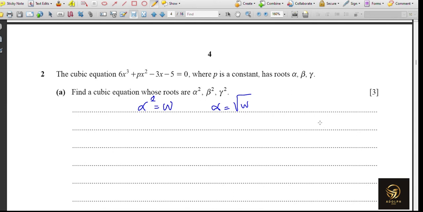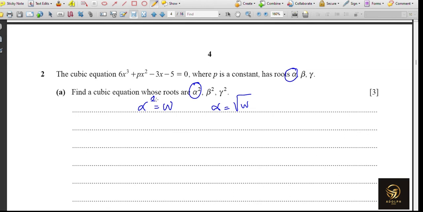So alpha squared's replacement is w, and what we have to substitute in the given equation is alpha equals square root of w.